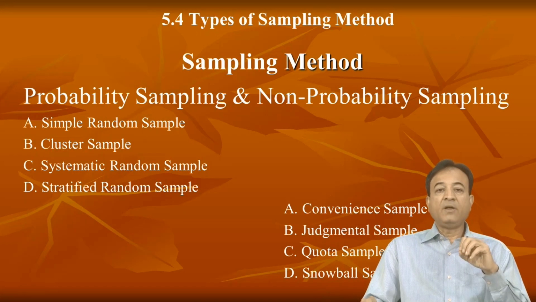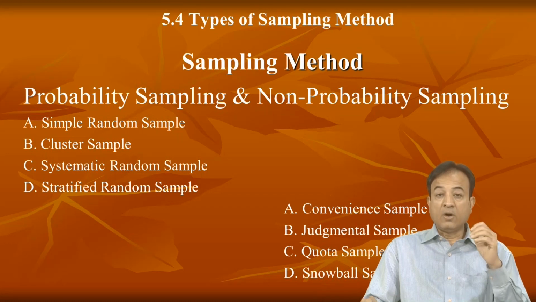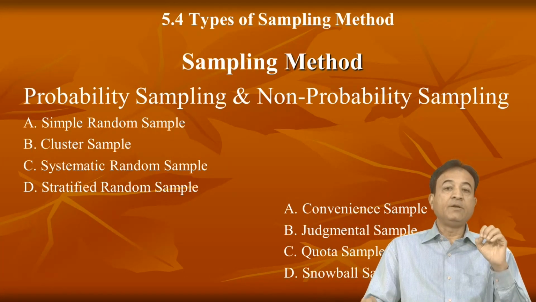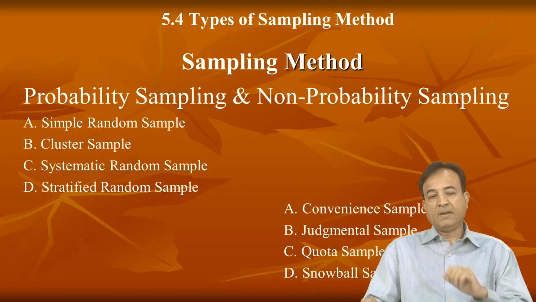For example, if a researcher wants to select 6 students from a class of 60 MBA students, he or she can ask for roll numbers randomly and pick up 6 students. Each individual has the same probability of being chosen to be a part of a sample.